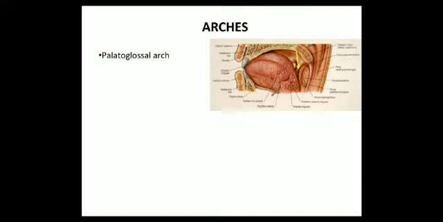So, this fold forms the lateral boundary of the oropharyngeal isthmus or the isthmus of the fauces. Another arch is the palatopharyngeal arch, that is the posterior fold or the posterior pillar of the fauces. It contains the palatopharyngeus muscle and it forms the boundary of the tonsillar fossa.